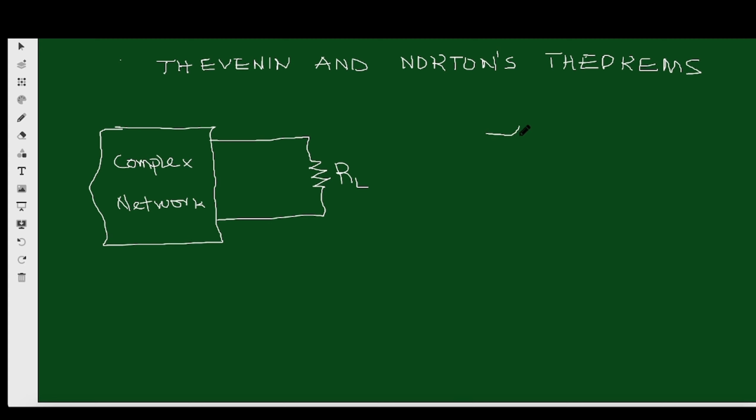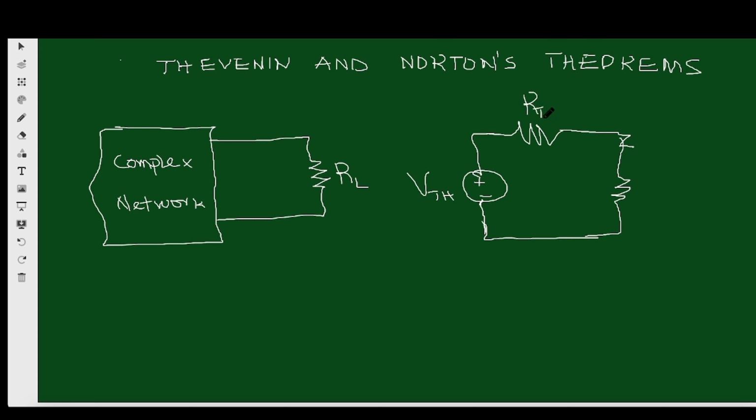That is, we have a resistor and it is in series with a voltage source. So we've replaced the complex network with a voltage source in series with a resistor, and of course the load resistor is still here. So this is the Thevenin equivalent voltage, and this is the Thevenin equivalent resistance RTH, and of course this is the load resistor.